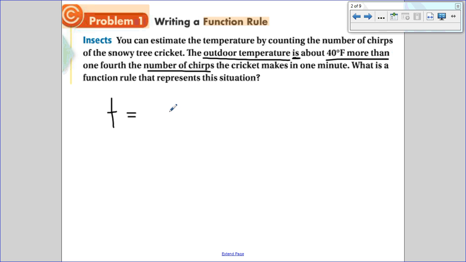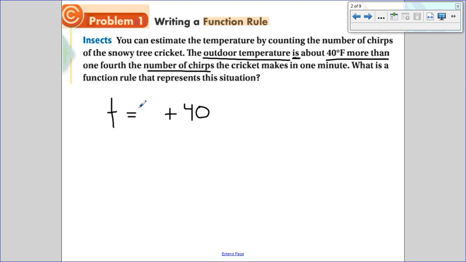So we're going to be adding 40. Now it doesn't matter if you add 40 on the right side or the left side. When you add, it doesn't matter if they're flipped around or not. I usually like putting it on the right, but that's totally up to you. It is about 40 more than 1/4 the number of chirps.